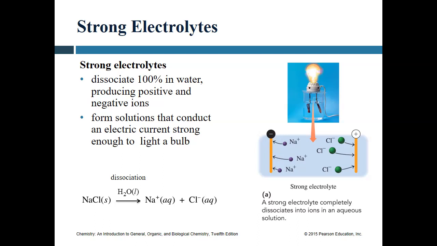Now, as far as electrolytes go, we can break electrolytes down into 3 relatively consistent categories. There are the strong electrolytes. These are the electrolytes that when we have a substance that is dissolved in water, it 100% breaks apart in the water to form ions.